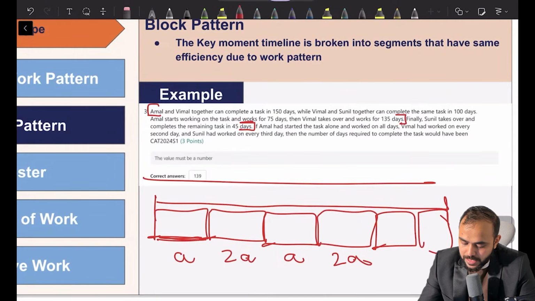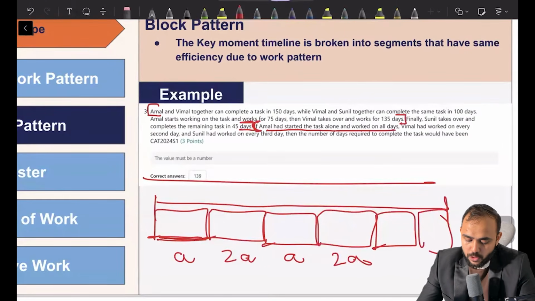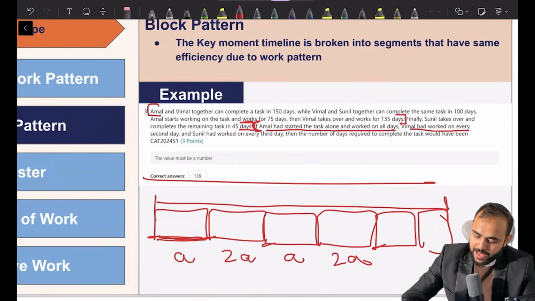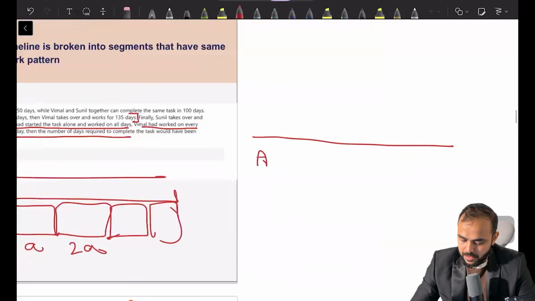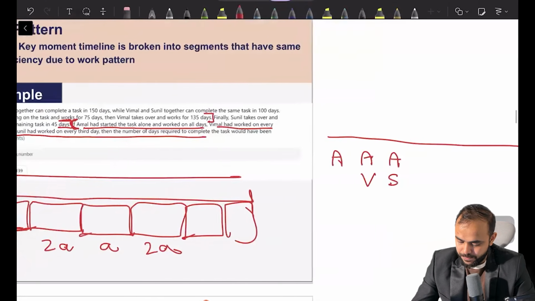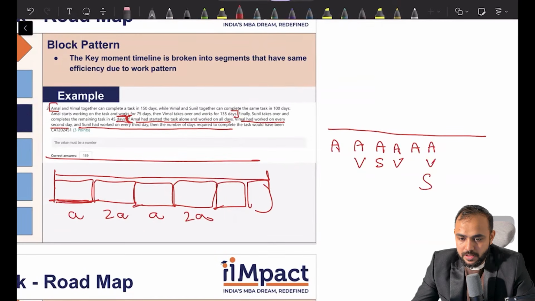Now, the situation that they have described for you: if Amal had started the task alone and worked on all days, Vimal had worked on every second day, and Sunil had worked on every third day. So it is going to be like this: Amal, Amal and Vimal, Amal and Sunil, then again Amal and Vimal, then only Amal, then Amal, Vimal and Sunil.